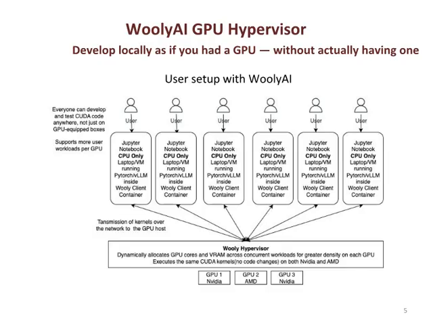This preserves hardware-specific optimizations, delivering near-native performance. At the same time, the WoolyAI server hypervisor manages GPU cores and VRAM dynamically across multiple workloads on the same GPU. It packs workloads more densely, while enforcing fairness and priority-based scheduling.